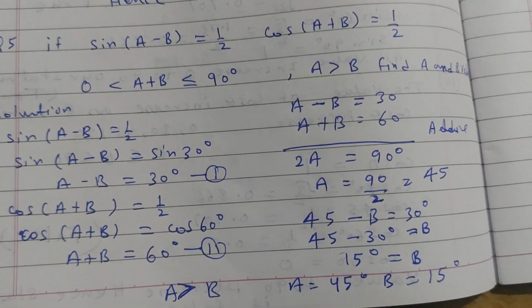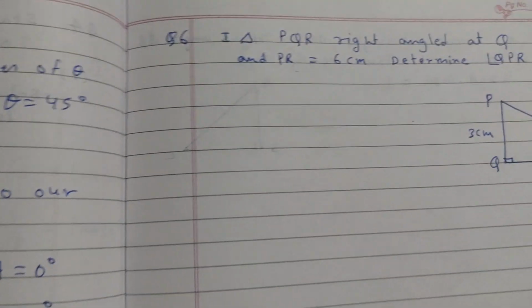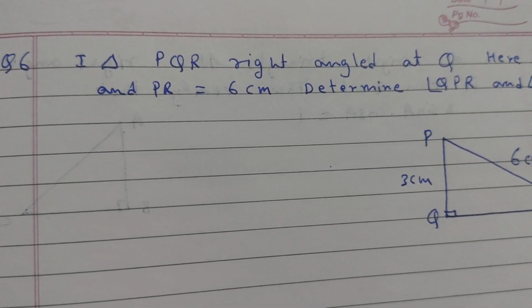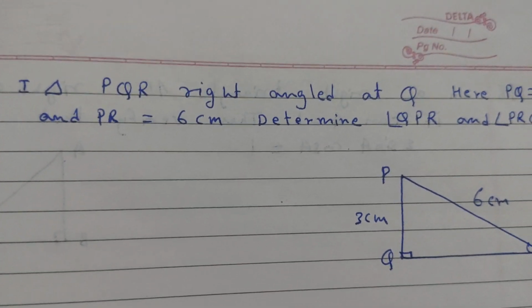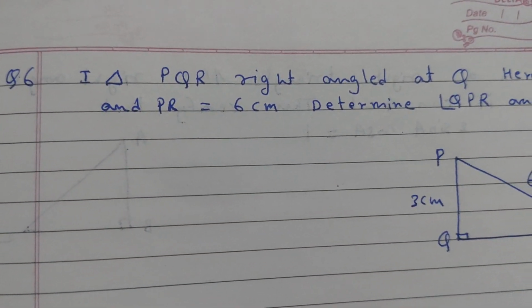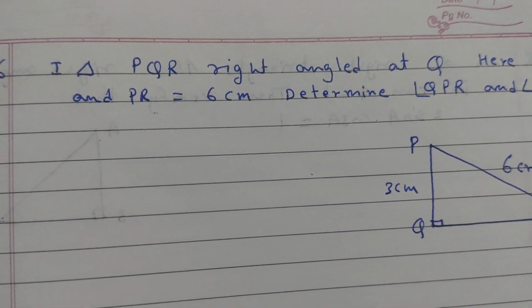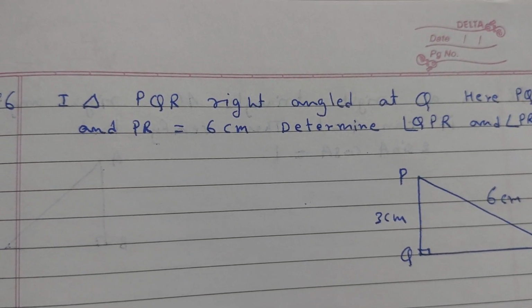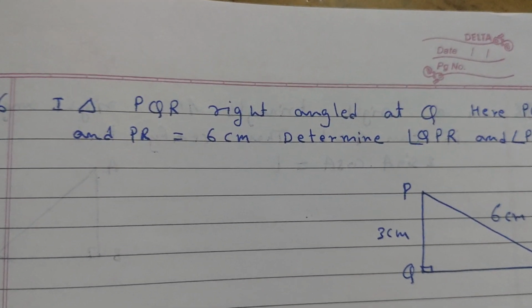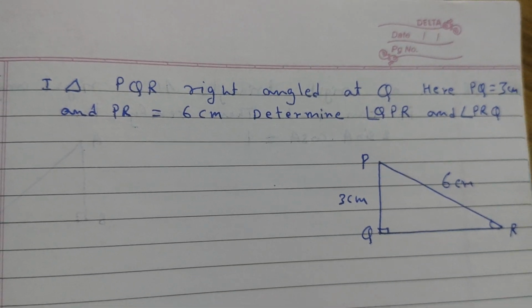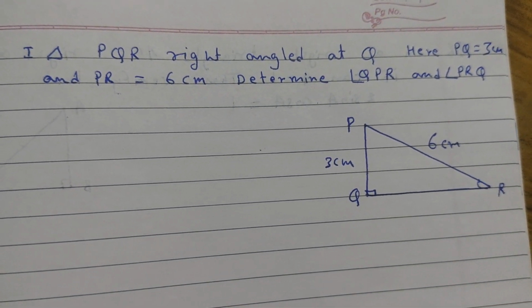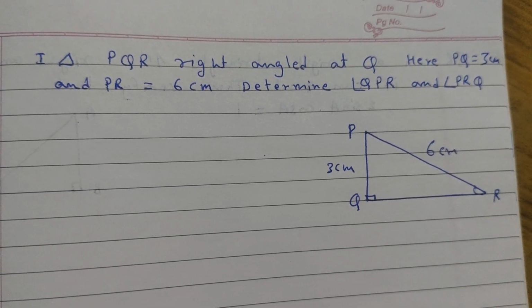So here, next question number 6. Question number 6 is: in a triangle PQR, right angle triangle, here PQ is 3 cm, PR 6 cm.